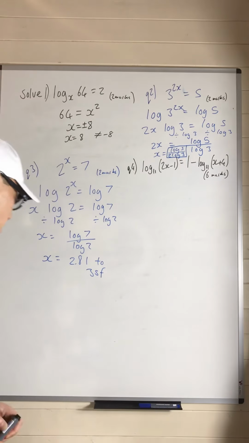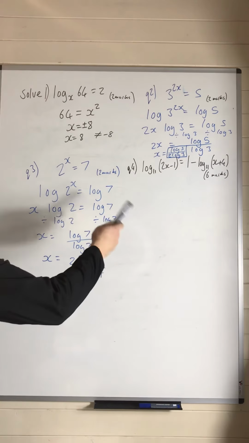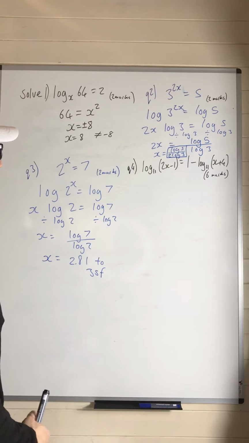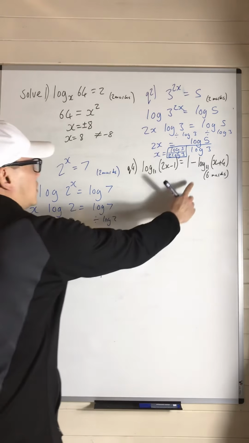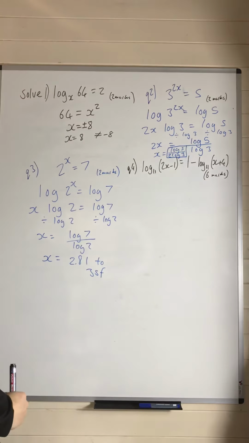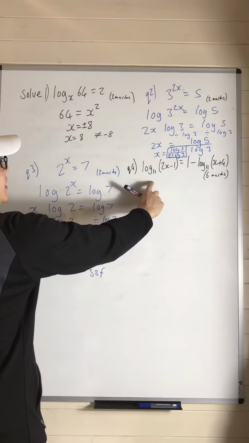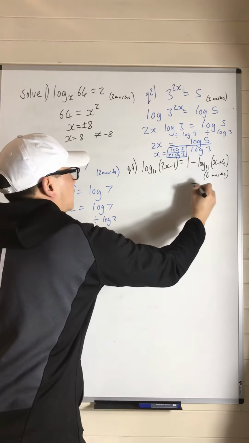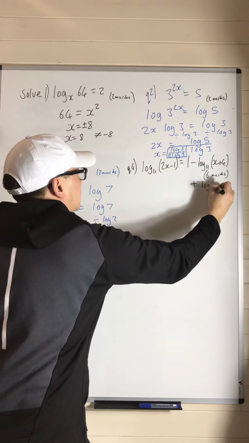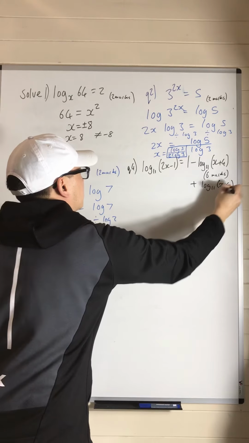Now what about if you have a question like this? This is a 6 marks question, so this is when you need to know your log laws really well. This one is key here because we'll have to inverse log later to get rid of these logs. So what I would do is I would plus log 11x plus 4 on both sides.